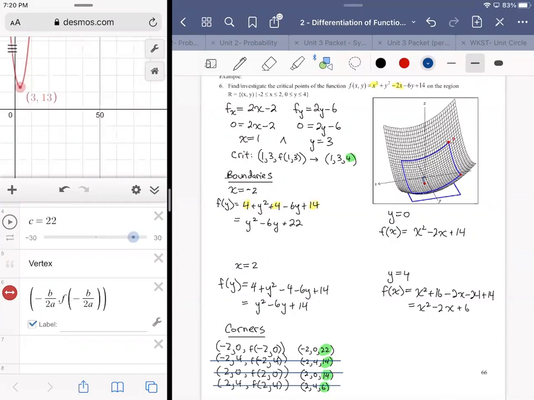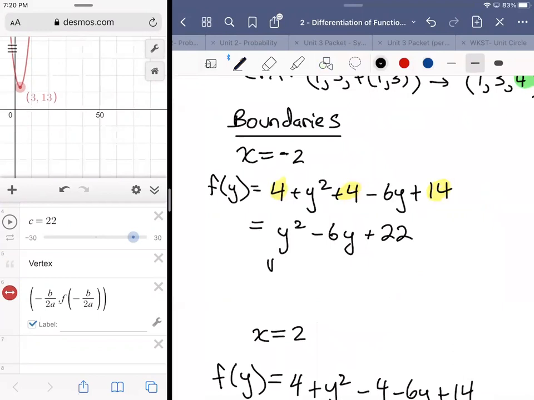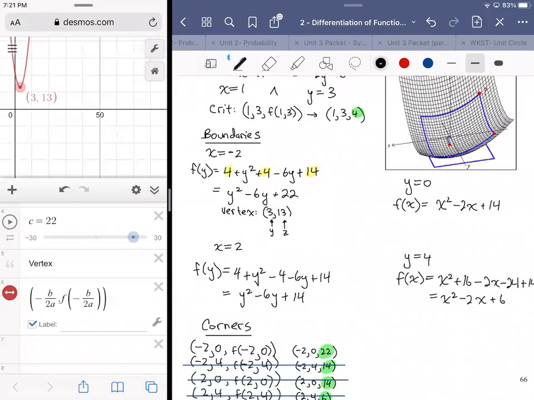So the vertex here is 3, 13. That's a y value corresponding with a z value. That's not the biggest number and not the smallest number, so that's out.